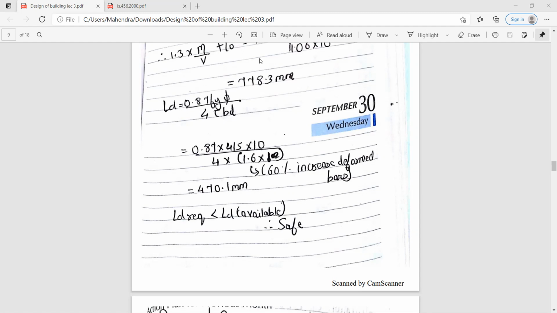So from this you get the value of Ld, 470.1. So as the development length required is less than the development length available, your design is safe for the development length. So do up till here, then we will start with the further design of beam B3.